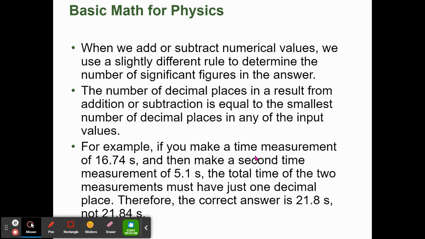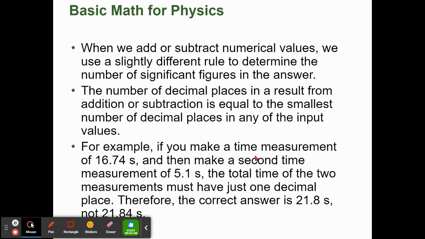Okay, so what about adding and subtracting? Our answer can only have what? Least amount of decimal places. That's correct. So our answer has to have the same number of decimal places as the smallest number of decimal places.